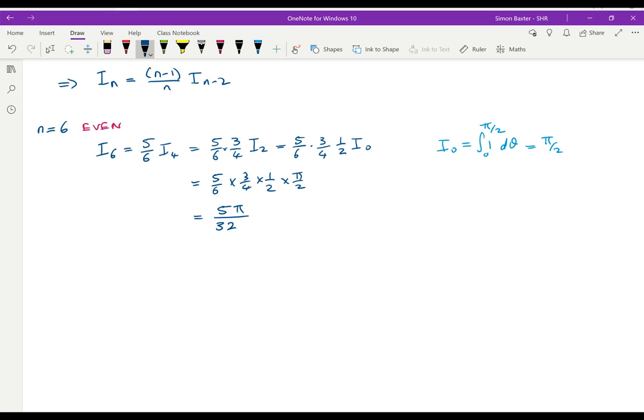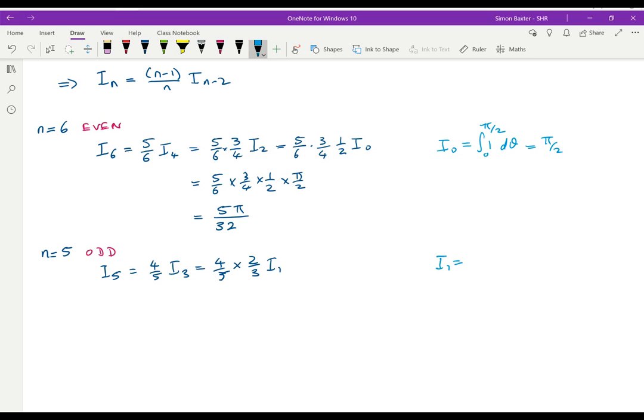There is a slight difference if we look at what happens when n is odd. So let's look, just as an example, at n equals 5. And the thing I'm really looking at here is the fact that I'm using an odd number. I5, using the formula, is 4 over 5 I3, which is 4 over 5 times 2 over 3 I1. We can't go any further because we can't really go to I minus 1. That wouldn't fit all the algebra that we've done.